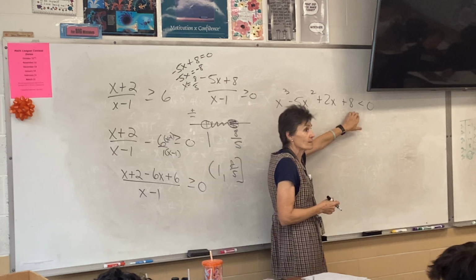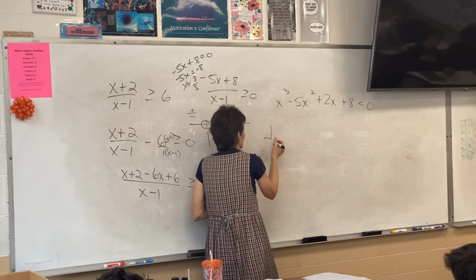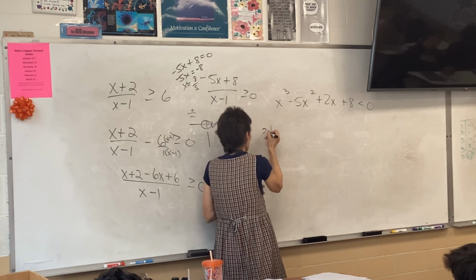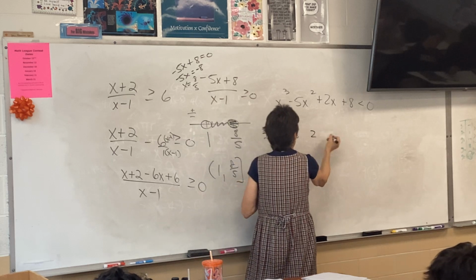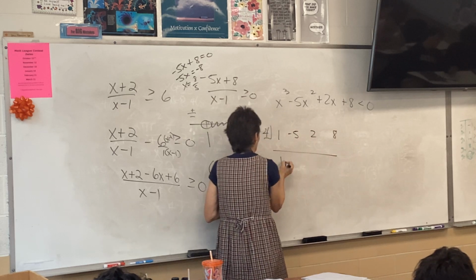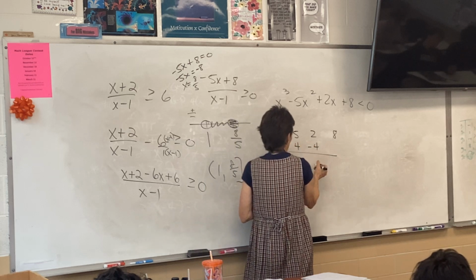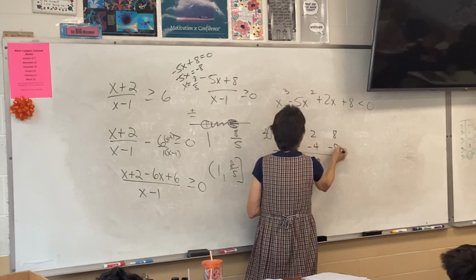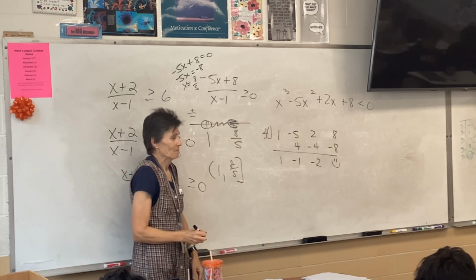So factors of 8. What do you want to try? 2, 4, 2 by 4, like 4. Oh, it's going to work. It absolutely is going to work. That is so incredible.